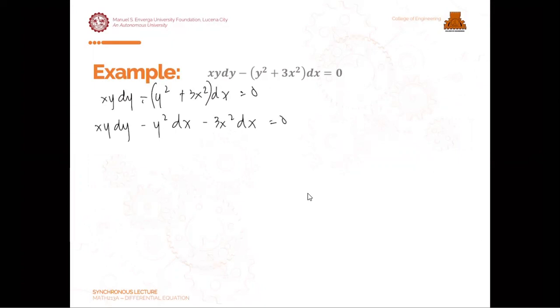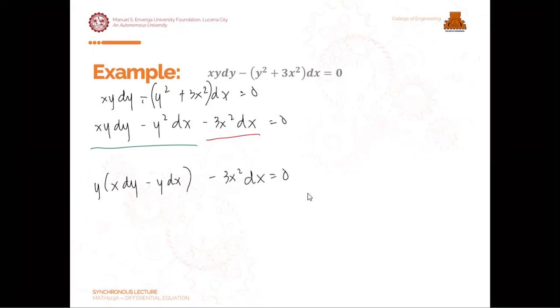So, again, yung third term natin is independent na, isang variable na lang siya. So, yung first term na lang natin yung pwede natin i-group. Pag in-group natin yung first term, pwede ulit tayong mag-factor out ng common term sa kanila. So, y(x dy minus y dx) minus 3x squared dx is equal to 0.